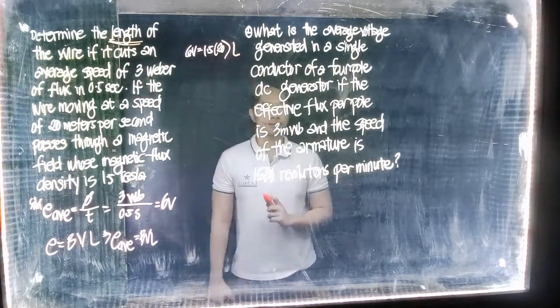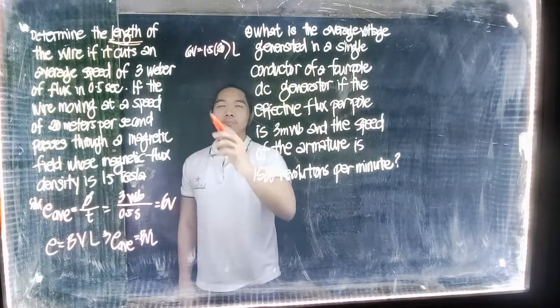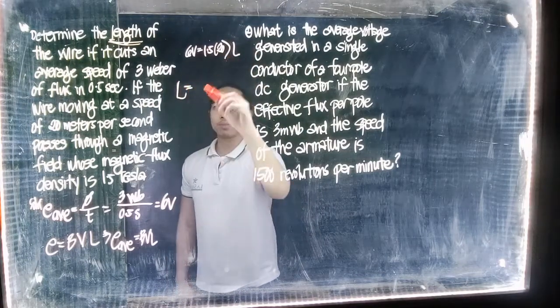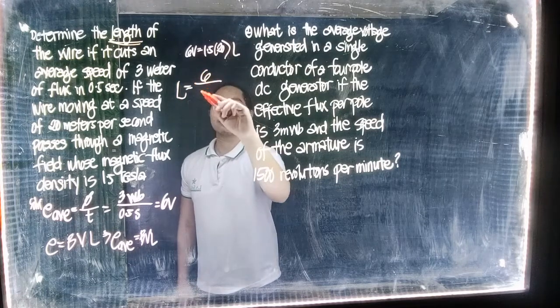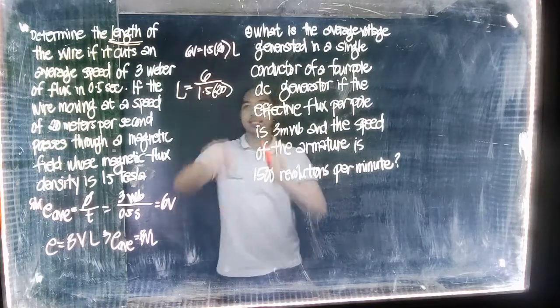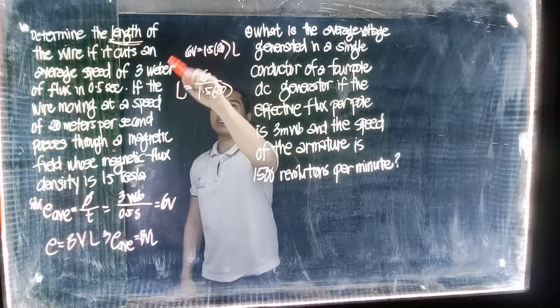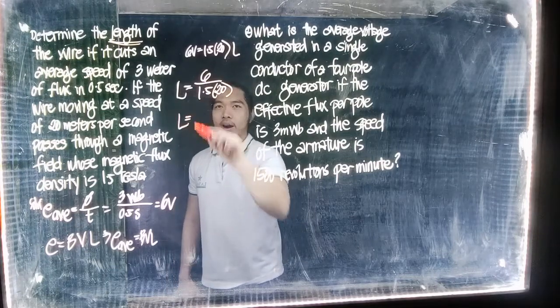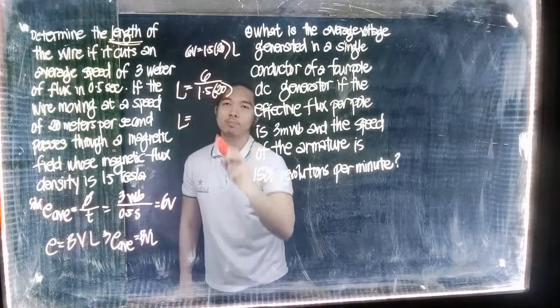That's how we solve for the missing parameter. By manipulating everything, we can have L equal to 6 divided by 1.5 times 20.